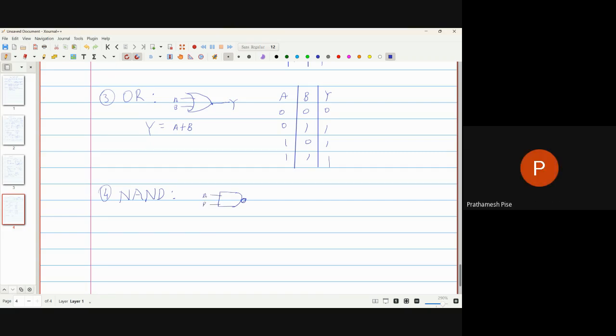So what will be the definition, the way we did for the rest of the gates? If both the inputs are high, it will return 0. Otherwise, it will return 1. So if any input of a NAND gate is low, the output will be high. Correct.